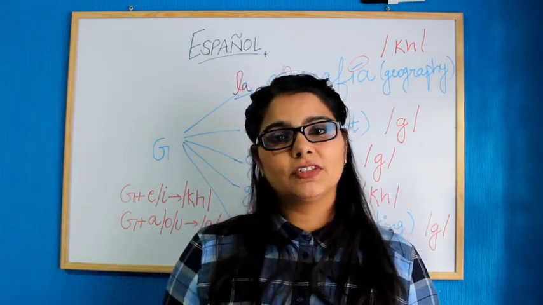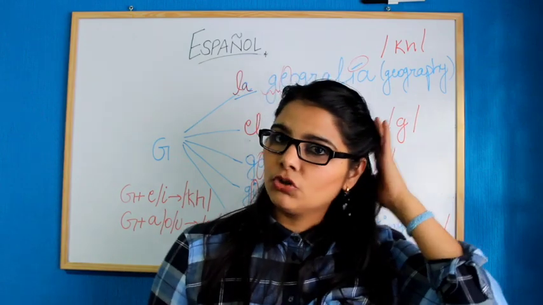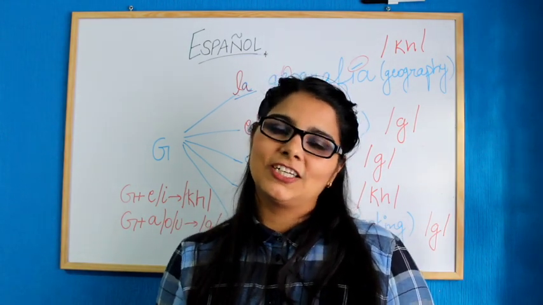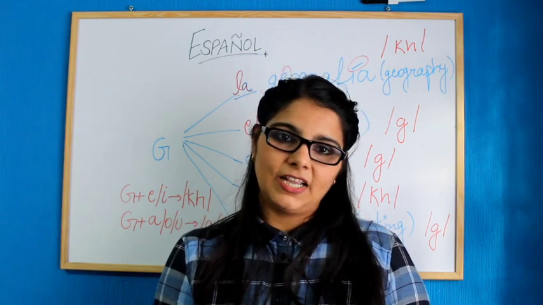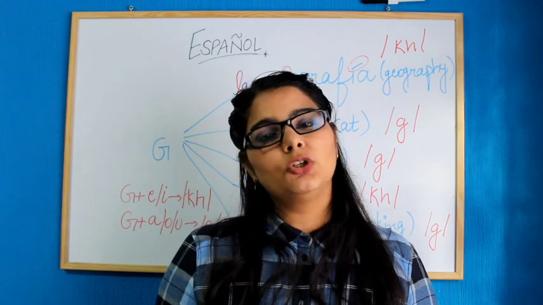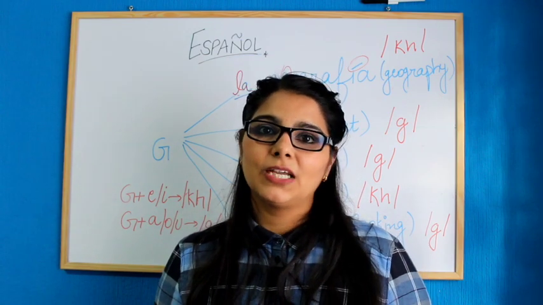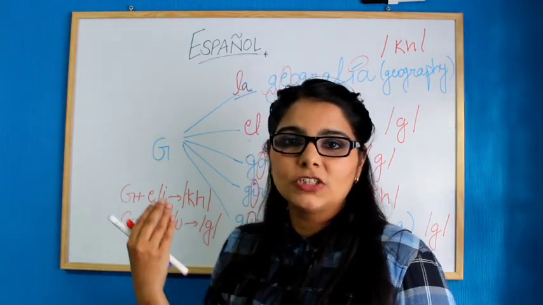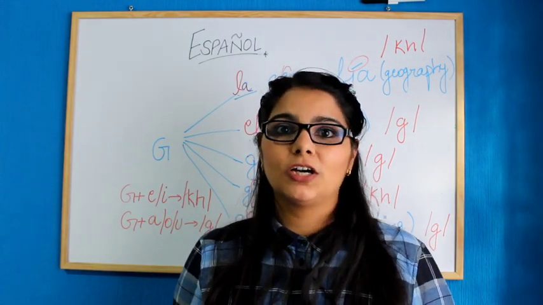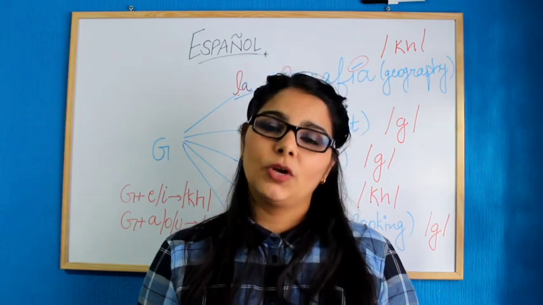The good news is, after some time, your subconscious mind gets accustomed to the system, how G or C changes their sound with particular letters, and you on your own start using the combinations correctly. I mean, sometimes you're not consciously applying the rules and still you are able to speak out with a great fluency, and that too with correct pronunciation. So don't worry about that.